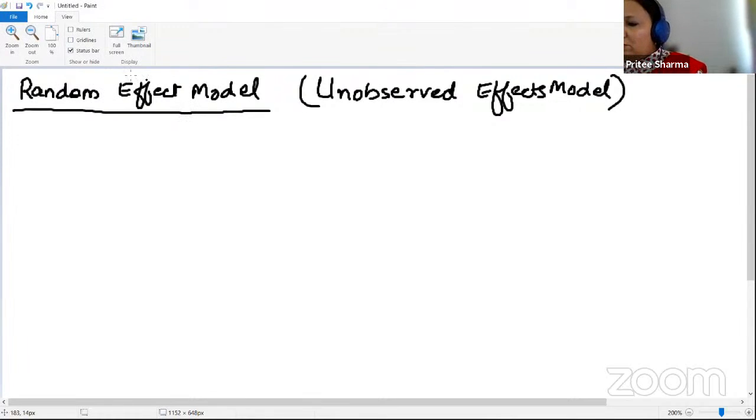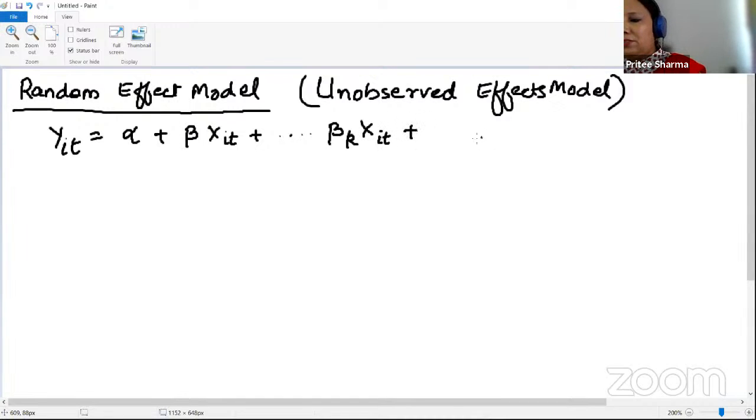Now we again go back to our same equation where we have y it is equal to beta 1 x it plus alpha plus beta 2 x it plus ... beta k x it plus, this is our original model.